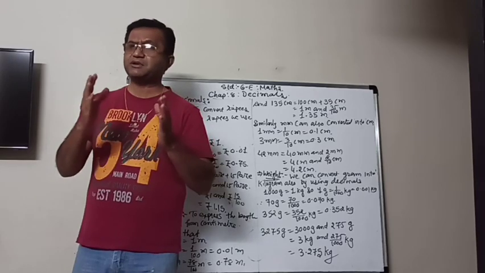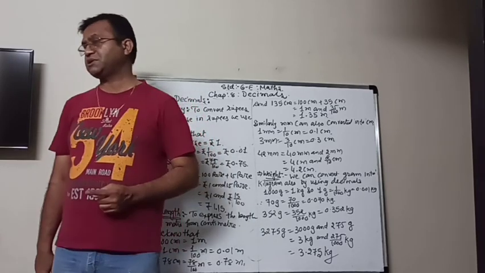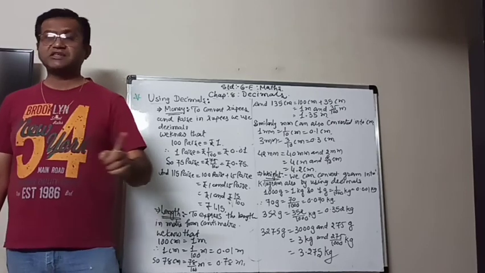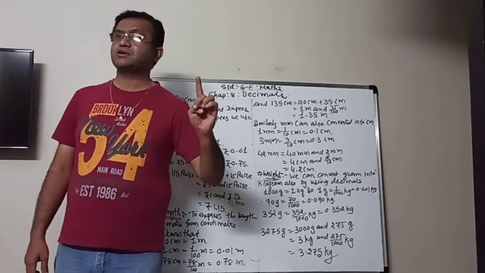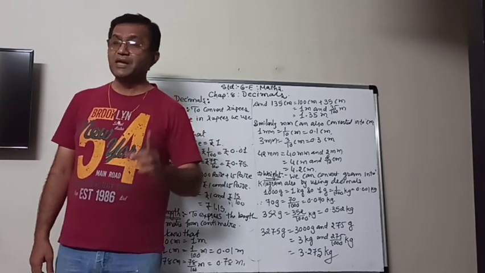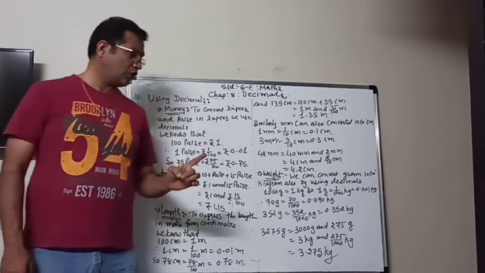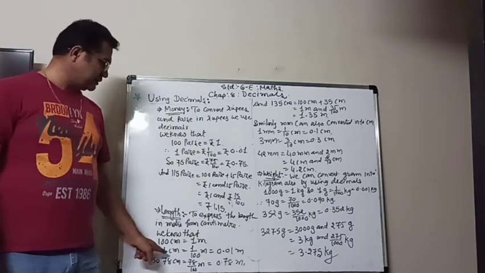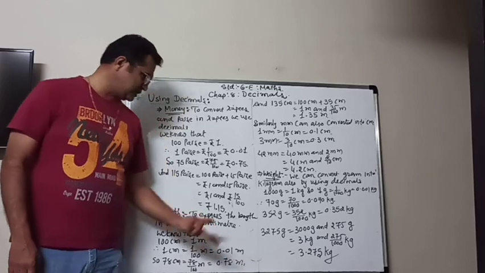Means 100 centimeter is 1 meter. It means that 1 centimeter is the 100th part of it, means 1 upon 100, and that is 0.01 meter. So 1 centimeter is 0.01 meter.